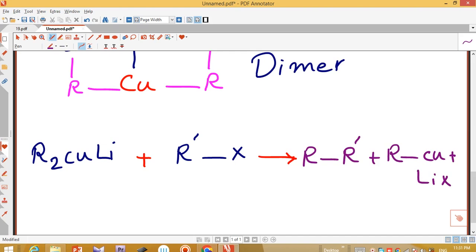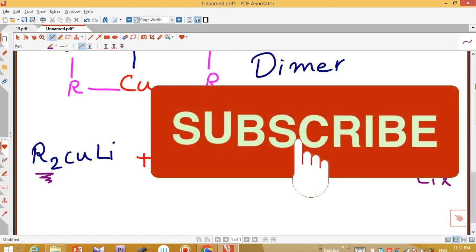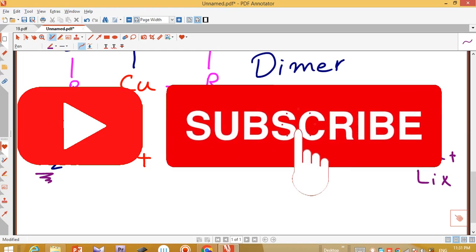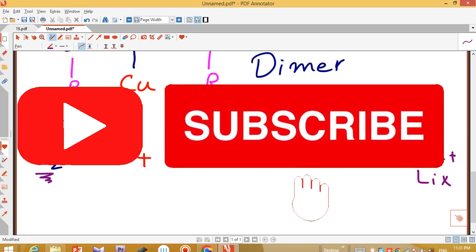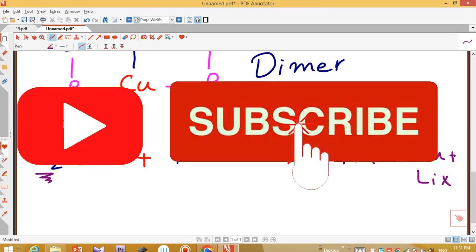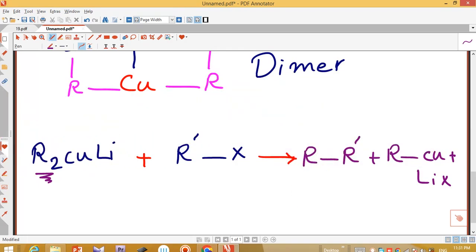Okay, so here what happens? In R2Cu lithium, R has a negative charge. Here R is a carbanion, so R is a nucleophile. It can attack R prime X through the SN2 mechanism, which I will explain later, from the back of the substrate, and the halide will leave as the leaving group from the front of the substrate, and we will have a coupling with R prime.